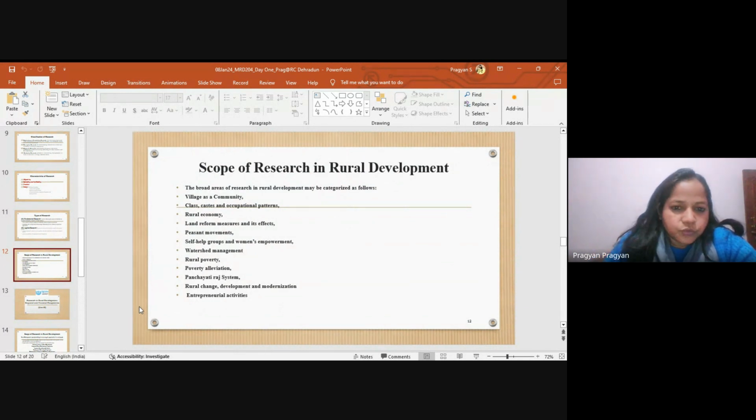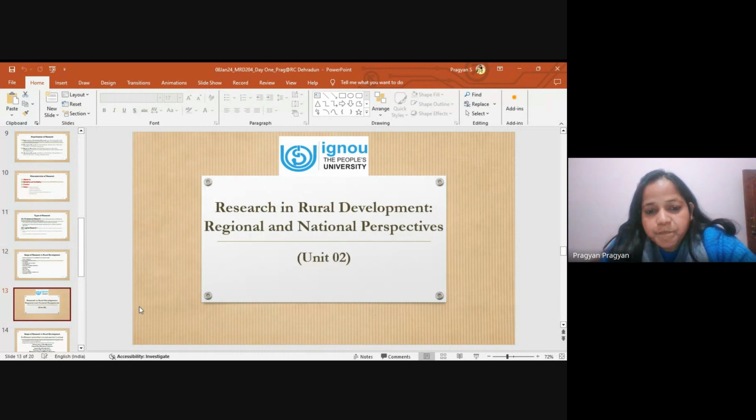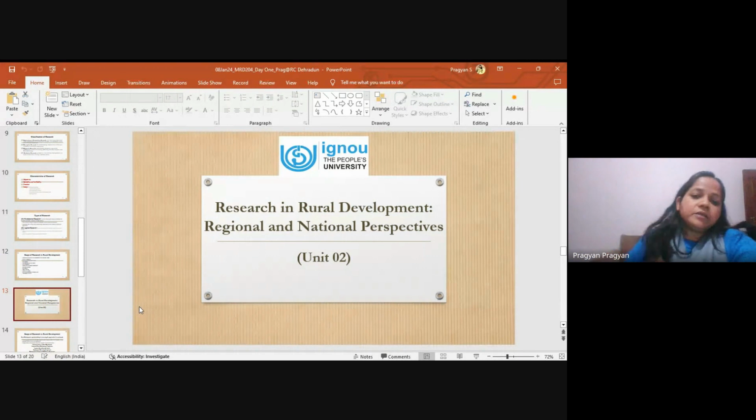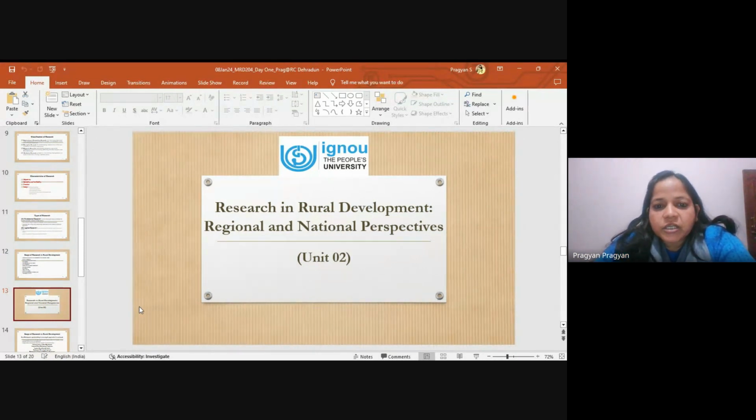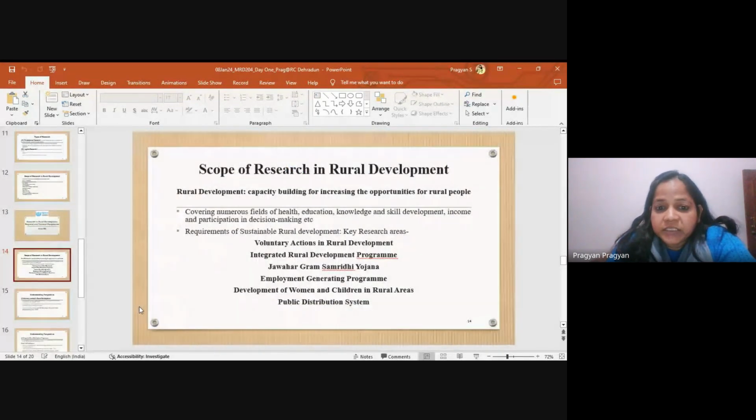Now, let's talk about the second unit, which is guiding us to understand the regional and national perspectives, so that we can understand how in India research in rural development evolved through various stages.